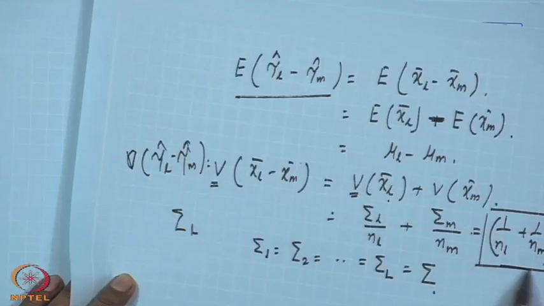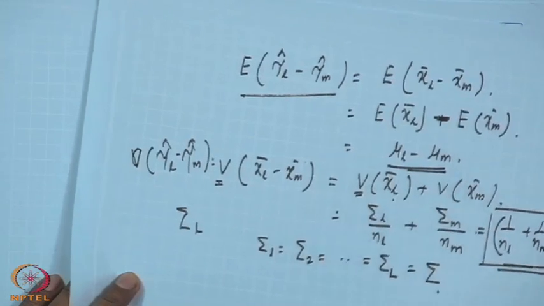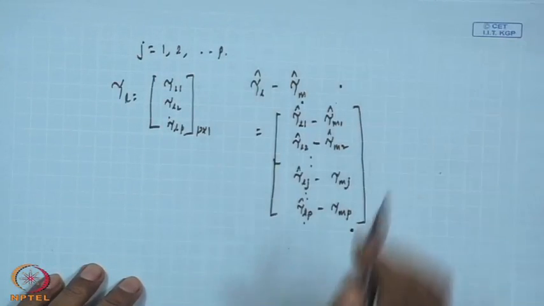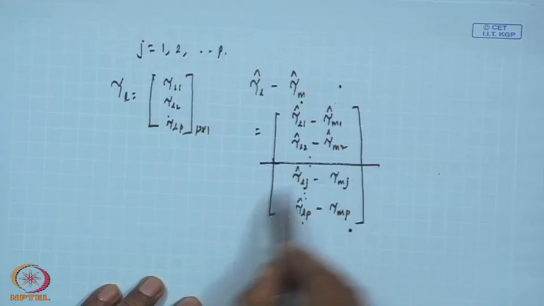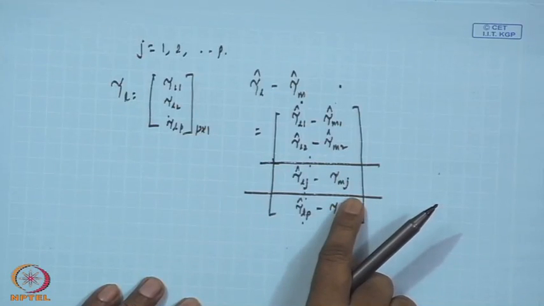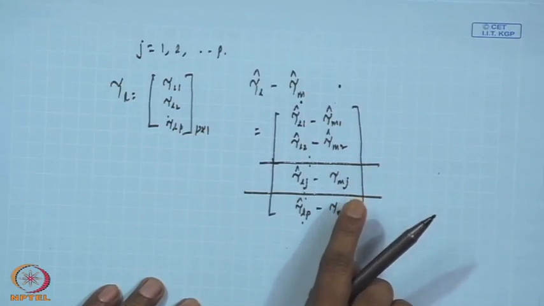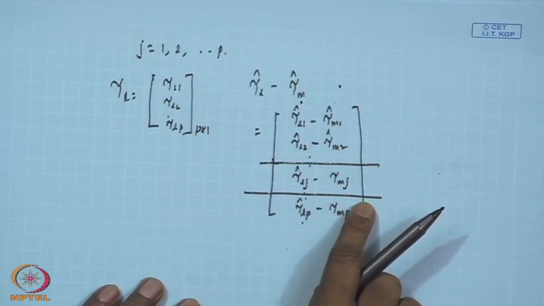Now I want to know, if I take a particular variable, tau Lj minus tau Mj, what will be its variability and mean value.